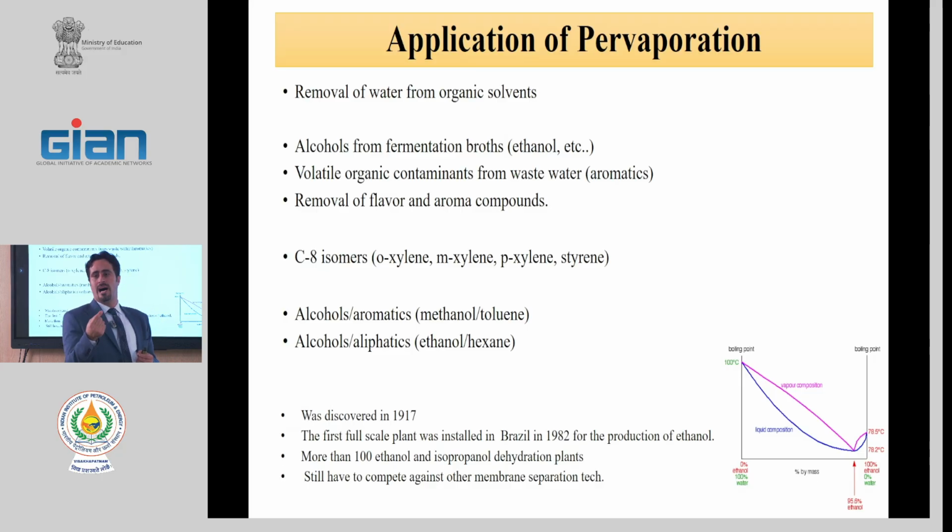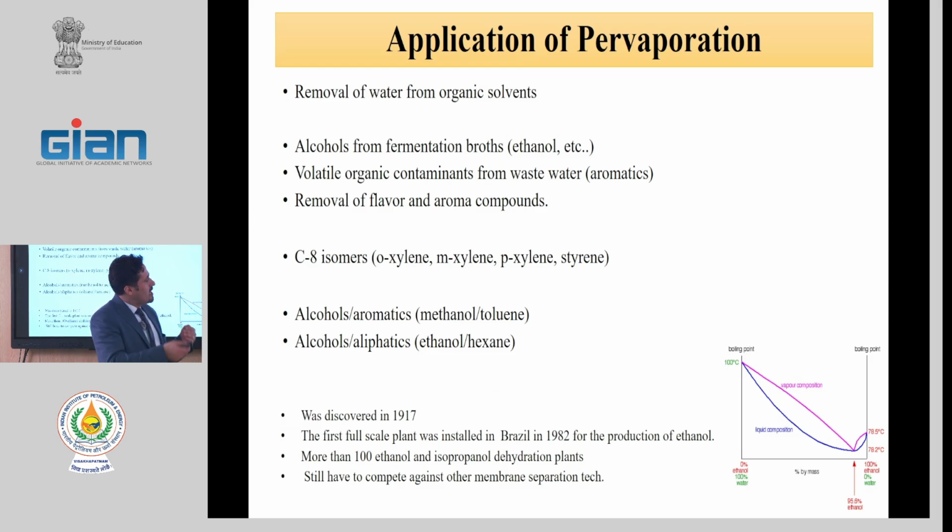If you want to buy 1 liter of 96% ethanol, it's maybe 50 rupiah. But 1 liter of absolute ethanol is 500 rupiah. It is 10 times more expensive because the separation of this 4% is very important.